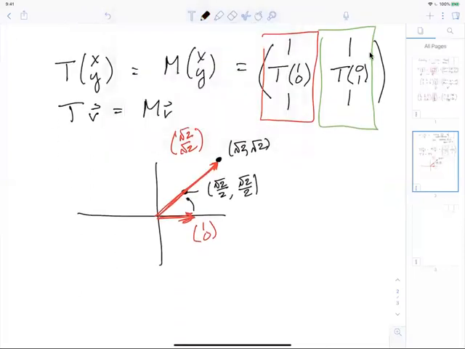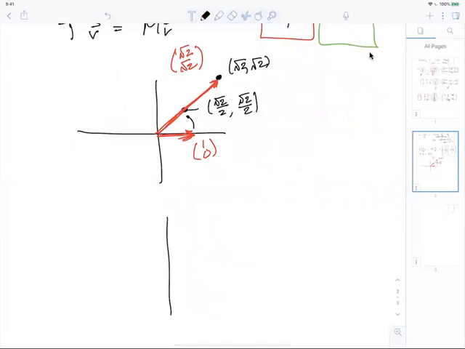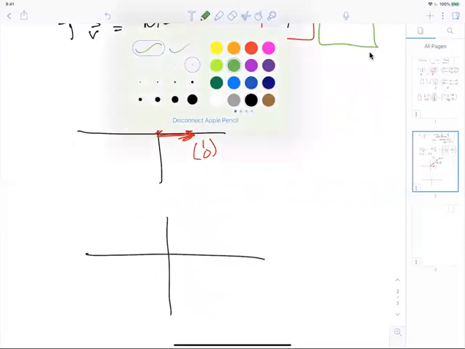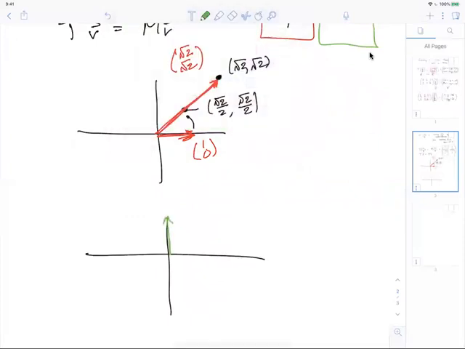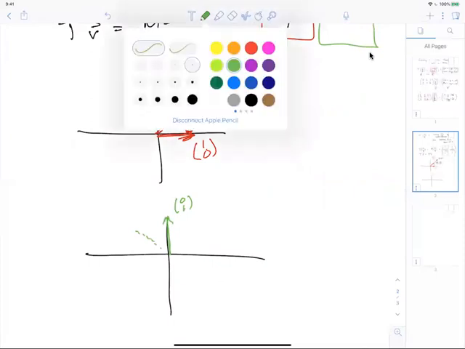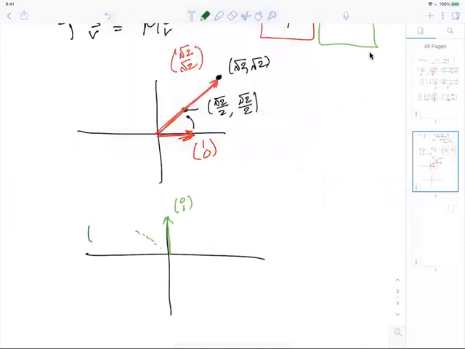All right. So now we can do the same thing for the other vector. The only difference now is what's the other vector? The other vector here is 0, 1. So what's going to happen? It's going to rotate 45 degrees. And that point is going to be similarly minus square root of 2 over 2, square root of 2 over 2.